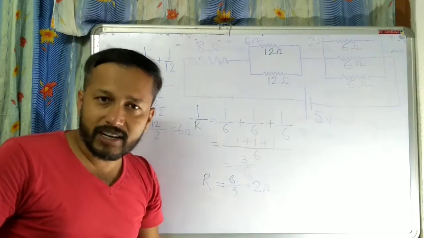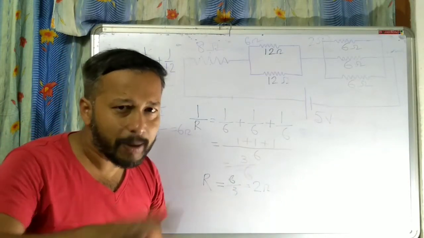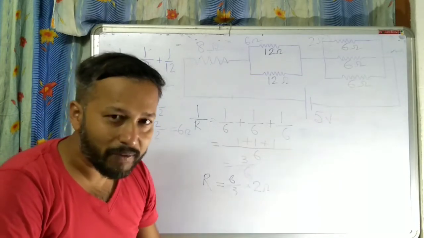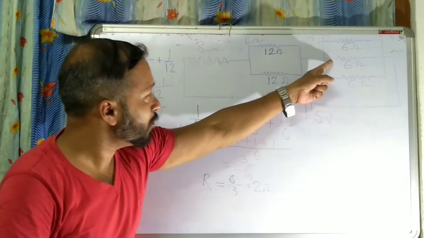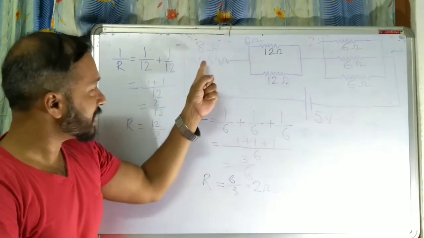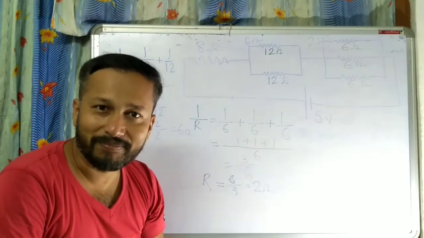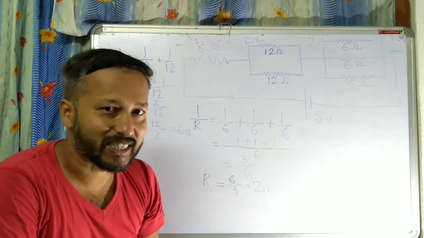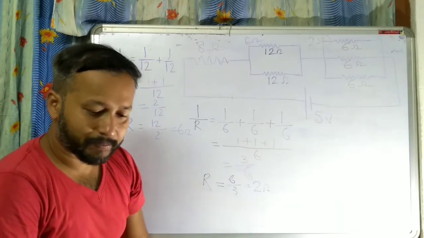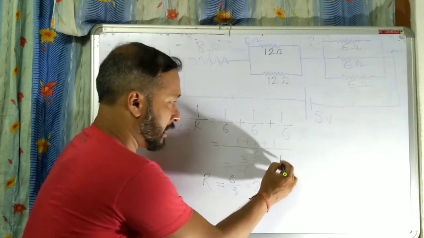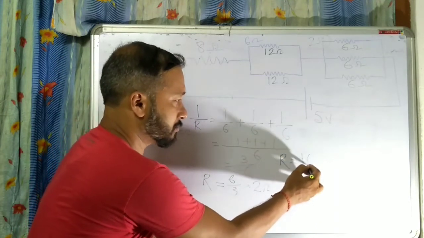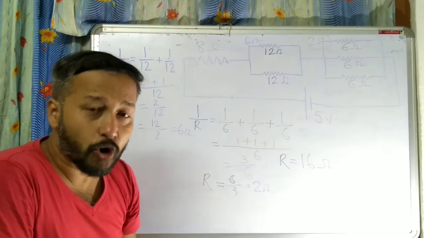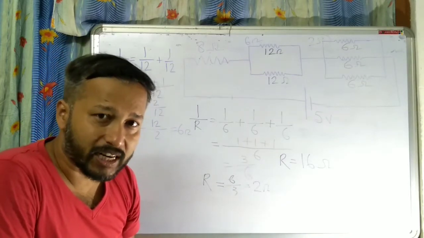We know that when resistances are in series, we simply add them to get the equivalent resistance. So 2 plus 6, 8, plus 8, 16 ohm. R equal to 16 ohm is the total or equivalent resistance of this circuit.